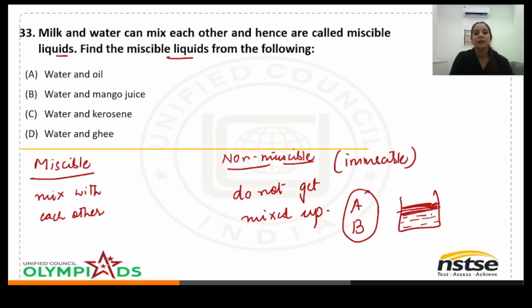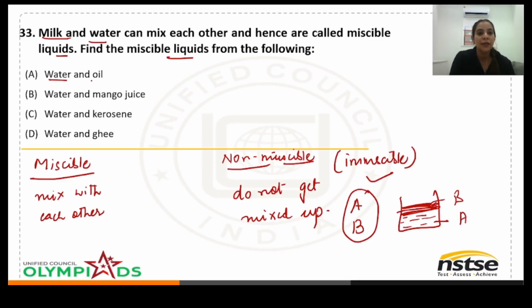See here, let's say this is component A, component B. I have mixed them. You can see that there is a definite boundary where B starts and ends, and there is a separate boundary of A. So this is how immiscible liquids look. Now milk and water, if you mix them, they thoroughly mix up. You cannot make out which is water, which is milk. So they are miscible liquids. Now here we need to find more miscible liquids.